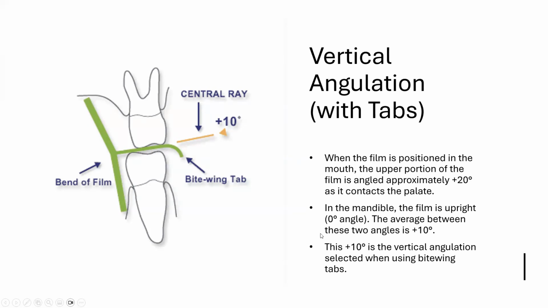The average between these two angles is 10 degrees. This 10 degrees is the vertical angulation which we select when we are using bitewing tabs. So the central X-ray beam is at plus 10 degrees when we are taking the bitewing X-ray.